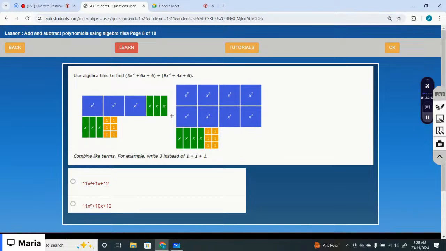Use algebra tiles to find 3x square plus 6x plus 6 plus 8x square plus 4x plus 6. So which is the correct option?